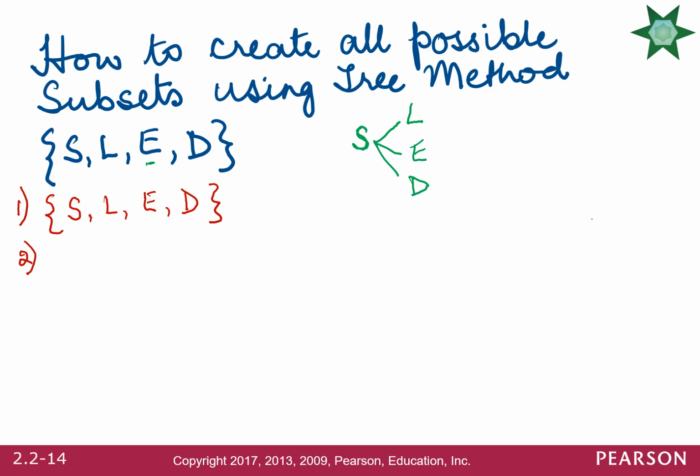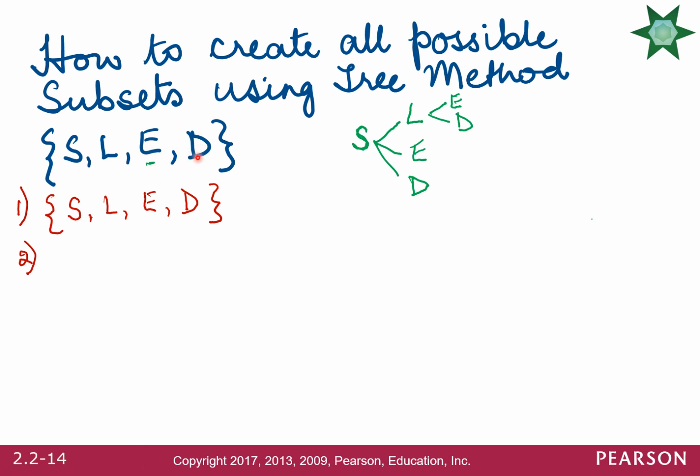Then from L, again, this is a set with 3 elements, we have just captured 2, so we have to go another time. So from L, what are the 2 possible combinations? You can either get an E or a D, right? So I'm going to put an E or a D. Now after E, what can you get?